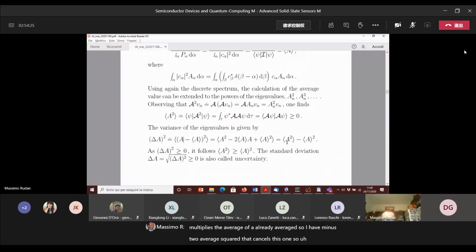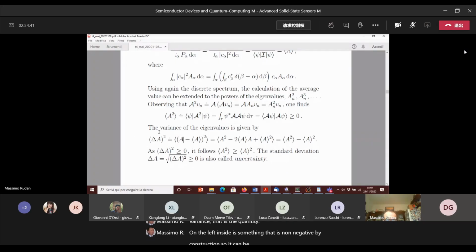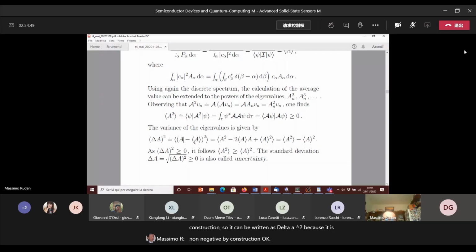So eventually you have that the variance, that is the quantity on the left-hand side, is non-negative by construction. So it can be written as delta A squared. You see in passing that the average of the square is larger or equal than the square of the average, because the left-hand side is non-negative.